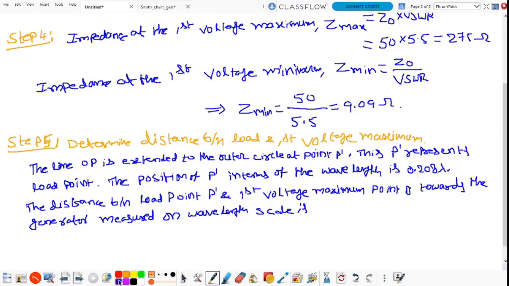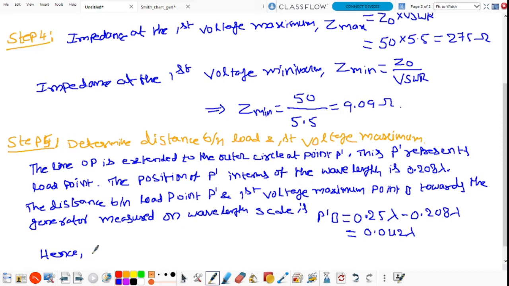So P dash B, where P dash is the load point and B is the first voltage maximum, is equal to 0.25 lambda at point B minus the load point value 0.208 lambda. That is 0.042 lambda.